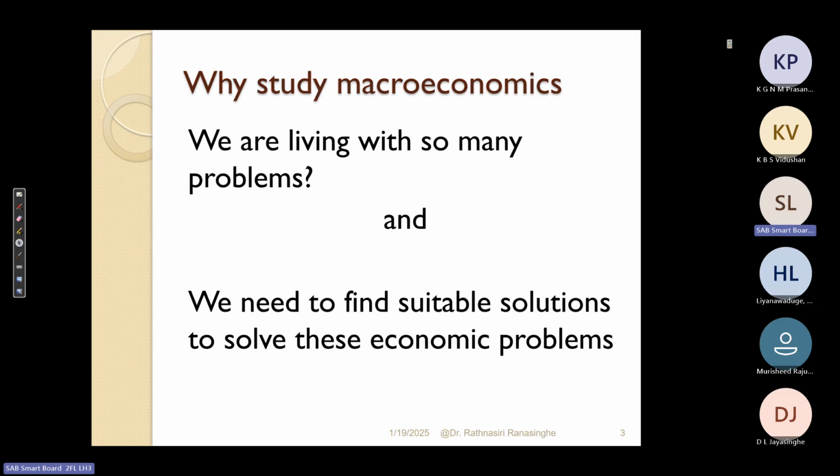Now, all these macroeconomic theories that we are going to explain are a set of theories, right? Macroeconomic ideas originated in the 1930s with John Maynard Keynes.